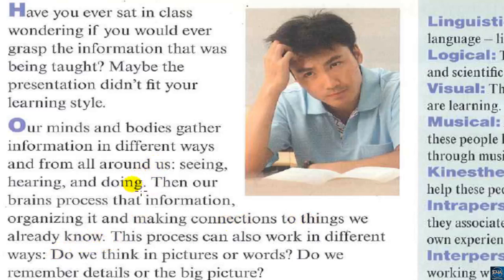So after we learn something, we gather the information, we try to make a link between the new information and the things we already know. This process can also work in different ways. Do you think in pictures or words?